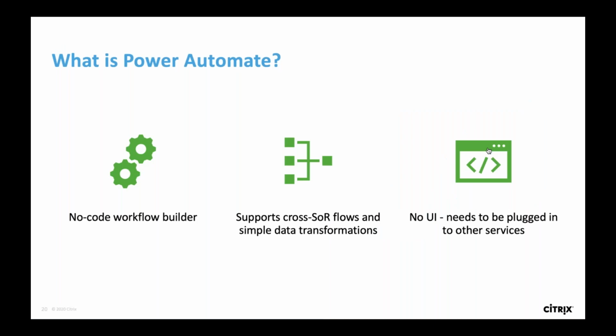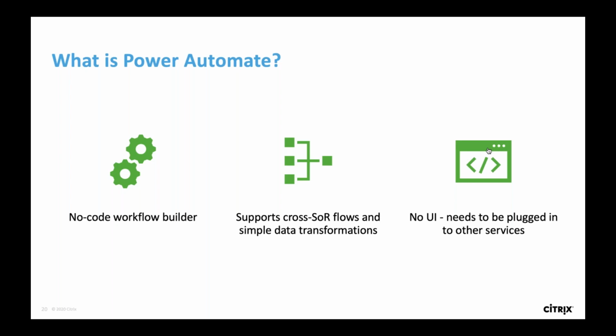So what is Power Automate? So primarily, Power Automate is a no-code workflow builder. So if you've ever used If This Then That, or Zapier, or these other similar platforms, it provides a very similar role. It's about connecting up systems of records, doing logic and transformations, and doing that all using an easy UI building block for it.